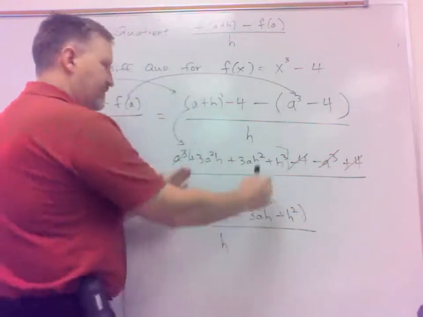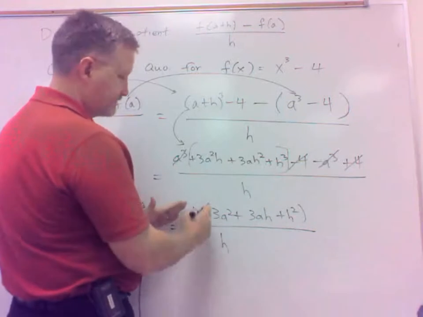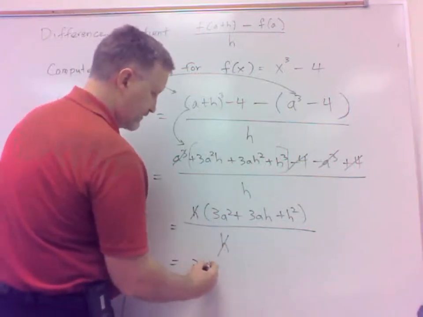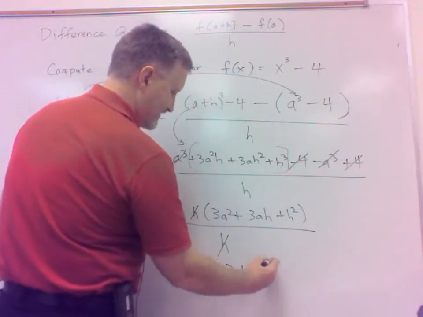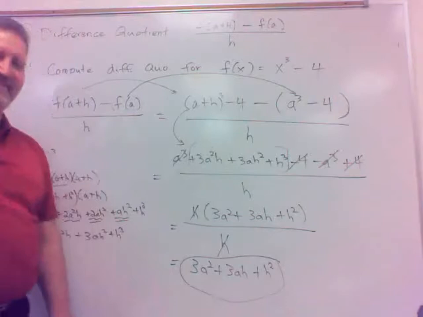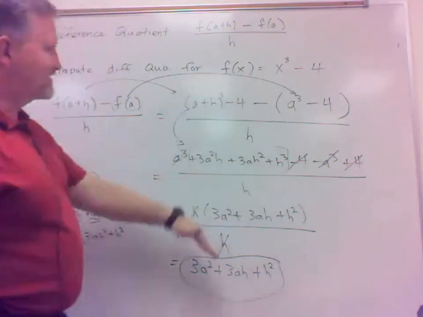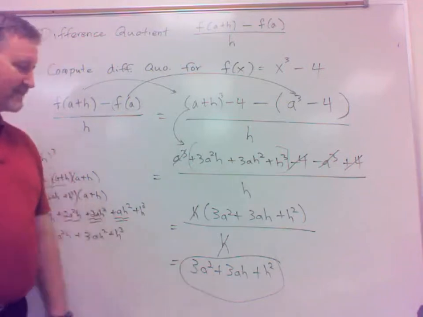So on the top, if I factor out an h, the h's cancel, and all I'm left with is 3a squared plus 3ah plus h squared. It doesn't go any further than that, but it does clean up pretty nicely, especially considering what we came up with here. That works out pretty well.